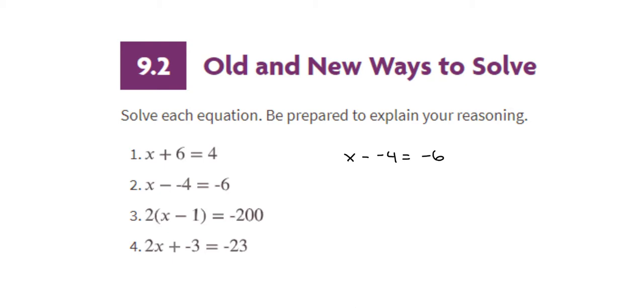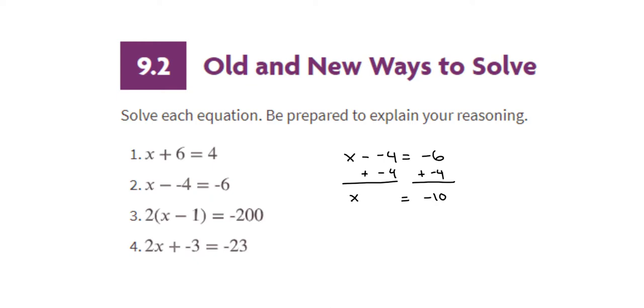If I have x minus negative 4 and I want to get this by itself, I would need to add negative 4. And I need to do that to both sides. So subtracting a negative 4 and adding a negative 4 would be 0. So now I have x is equal to negative 6 plus negative 4 is negative 10.